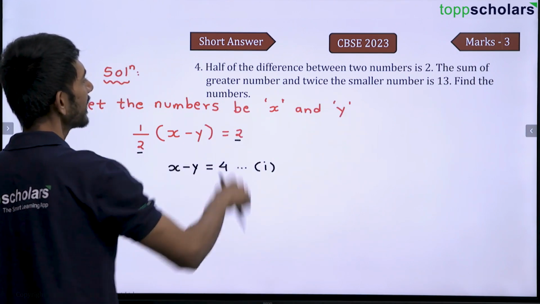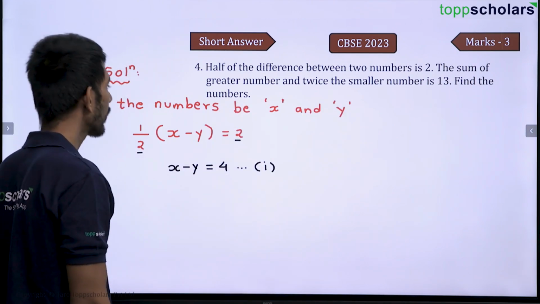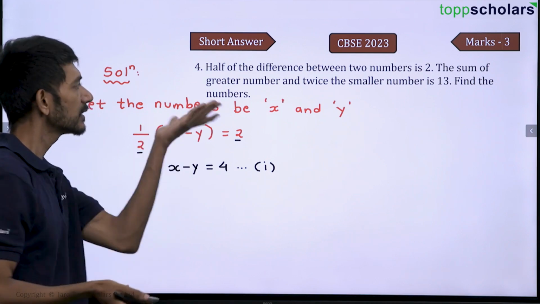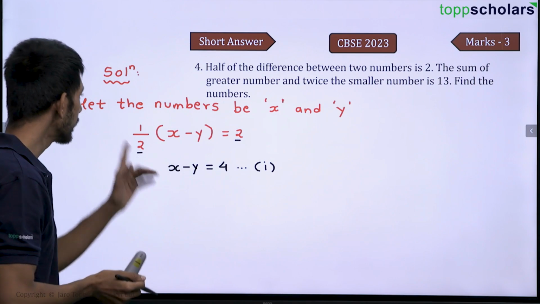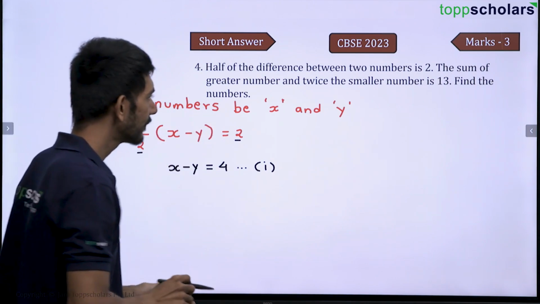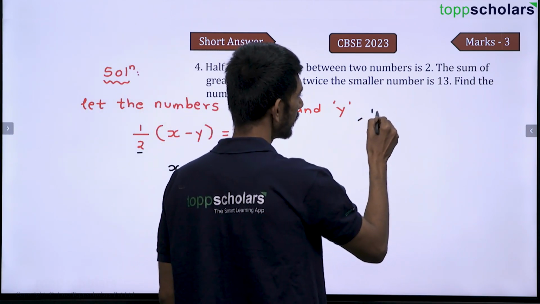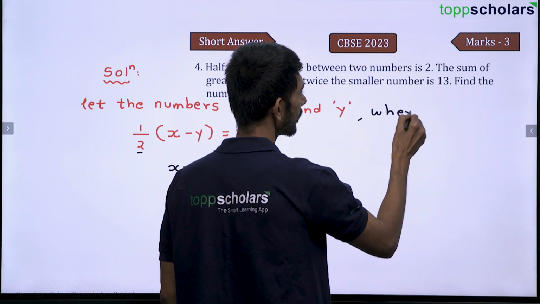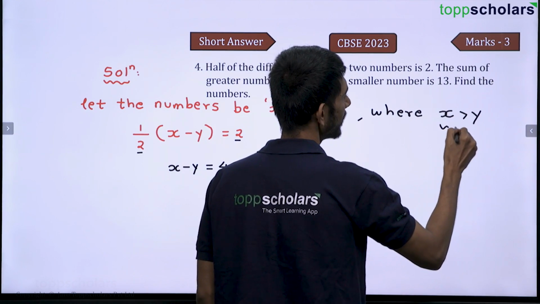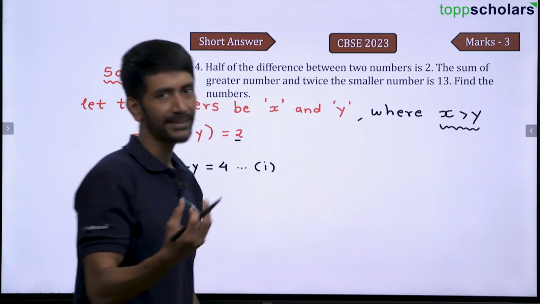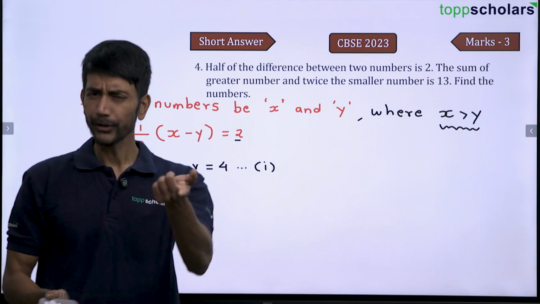The sum of the greater number and twice the smaller number. Now understand, which is the greater number and which is the smaller number, we don't know. So what we will do is, let the numbers be x and y, where we will define a condition where x is greater than y. This is very important because you have to define something. You can also take y greater than x.